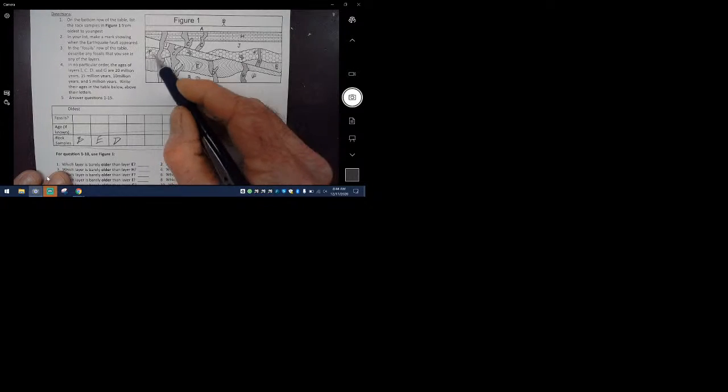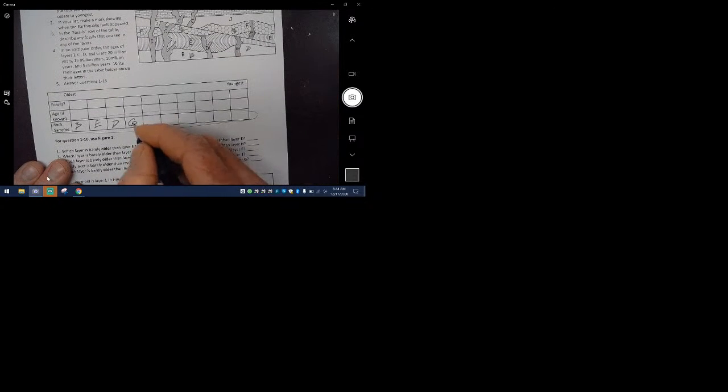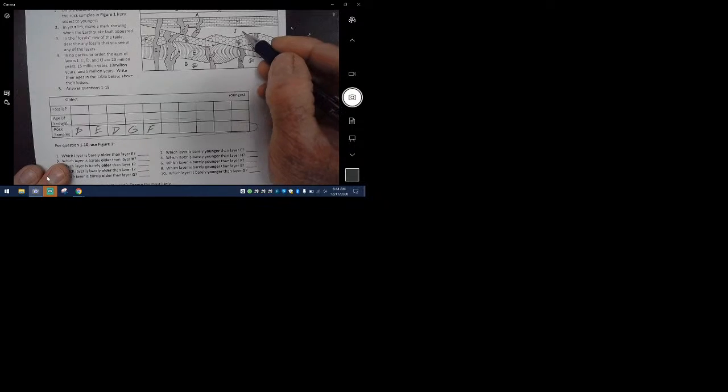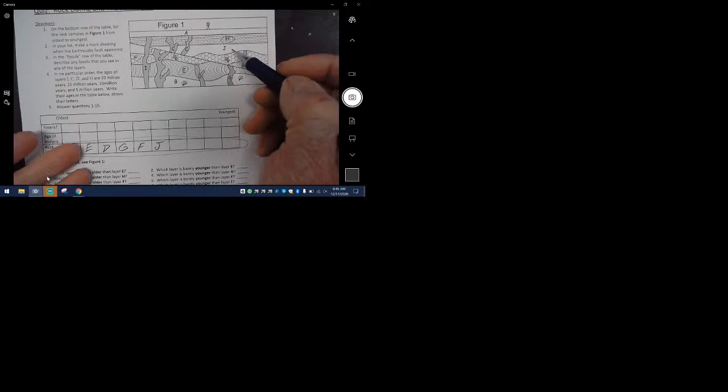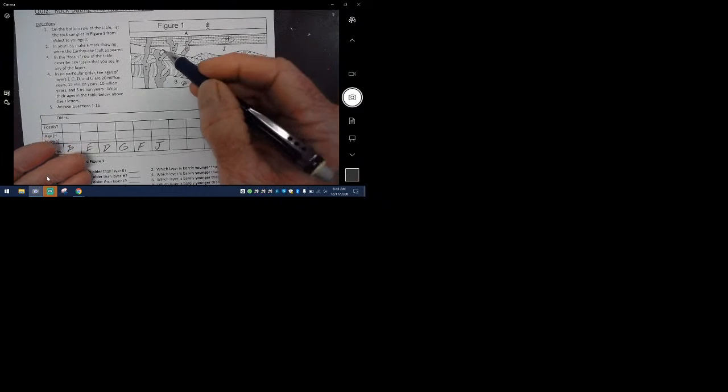Then the next thing I see is F and G. So G is younger, F is older because G cuts through F. And then I get to J. And then after that there's H. And here's the top of C, and here's the top of I. And the one that's oldest of the three is what? H, C, or I?